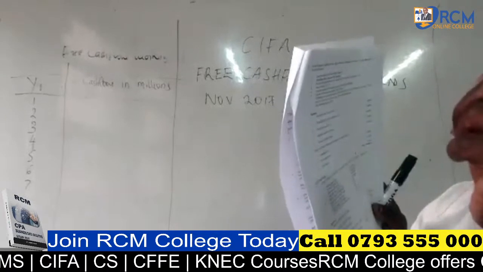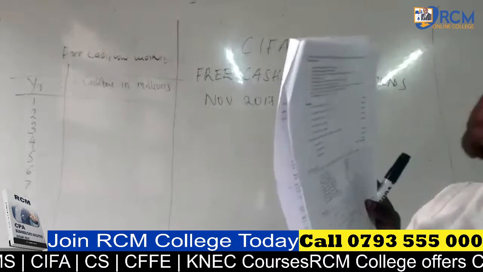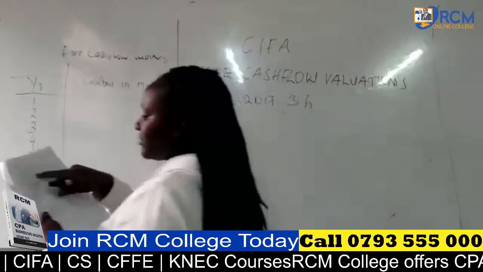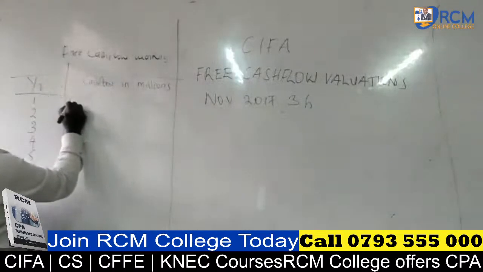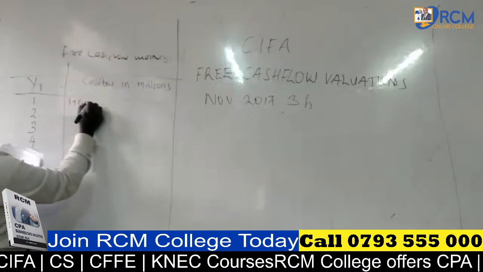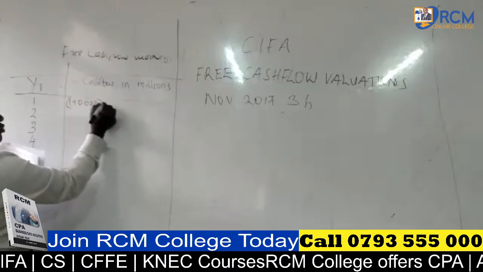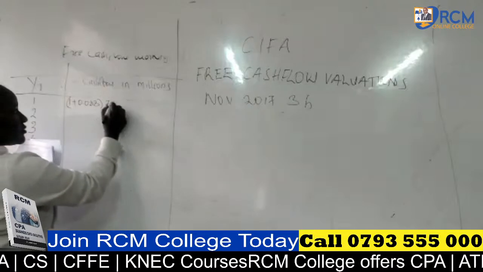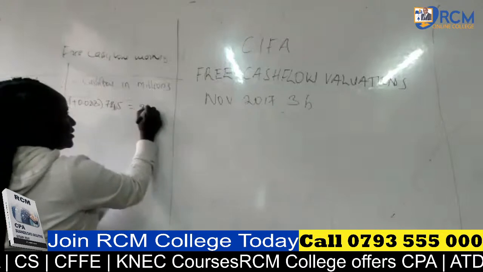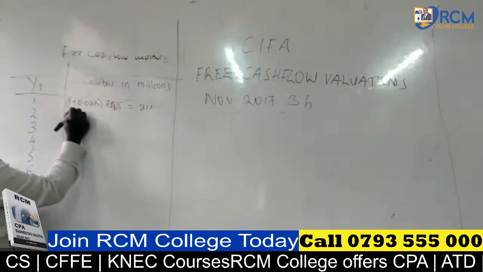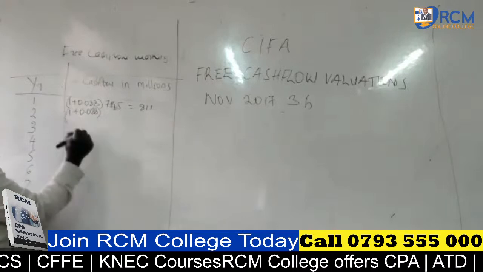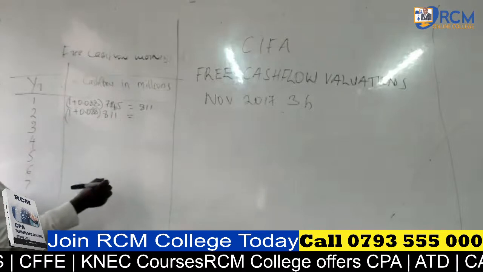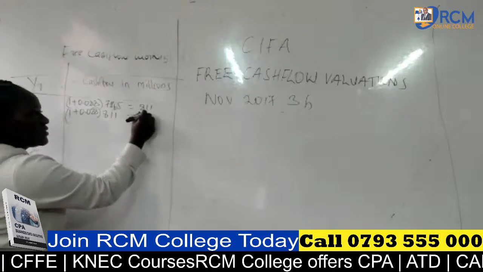To get the growth, you take 1 plus the rate times the cash flow. So for year 1, it will be 1 plus 0.088, you multiply by 7.5. What are you getting? 811. For year 2, 1 plus 0.088 times 811. Getting 882.